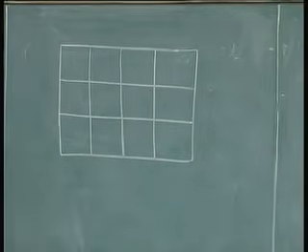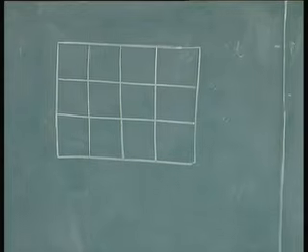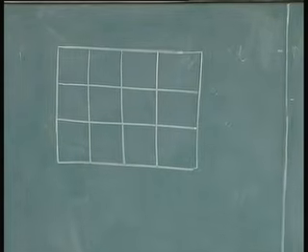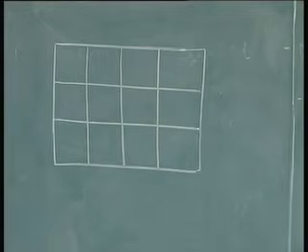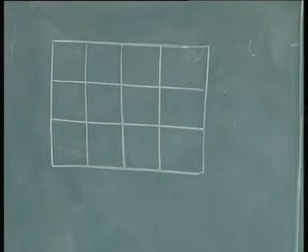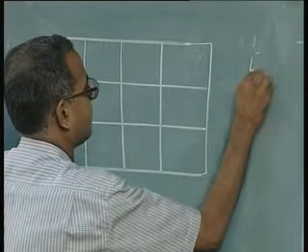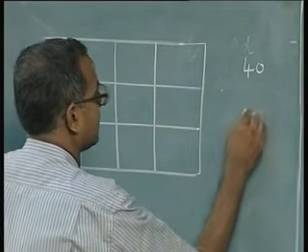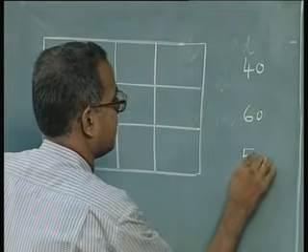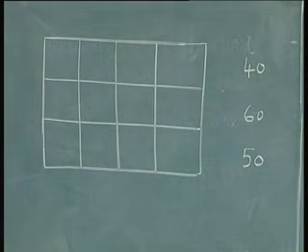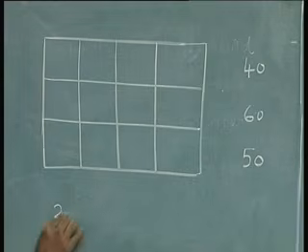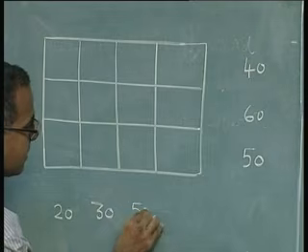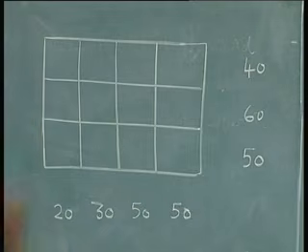This 3-row 4-column matrix represents a transportation problem with 3 supply points and 4 destination points. The supplies in these 3 points are 40, 60 and 50. The requirements or the demand in the 4 points are 20, 30, 50 and 50.